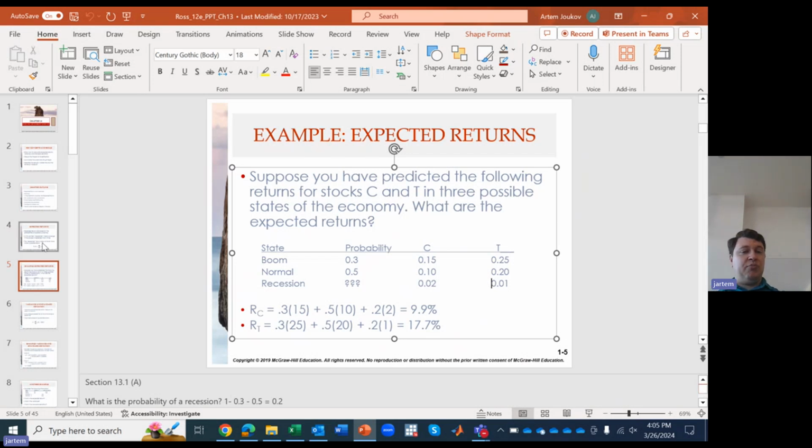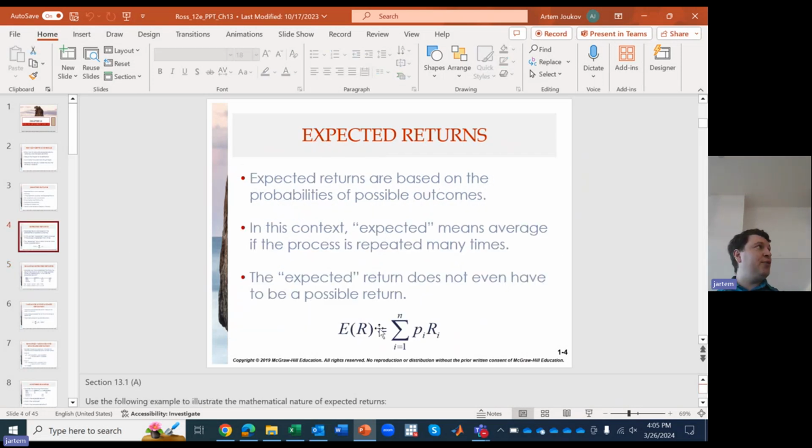So let's just take a brief look at our formula. This is going to be our formula. We're going to take the P's, those are going to be the probability of being in a boom cycle, in a normal cycle, or a bust cycle. And then our corresponding R's are going to be the return for these securities in that cycle.